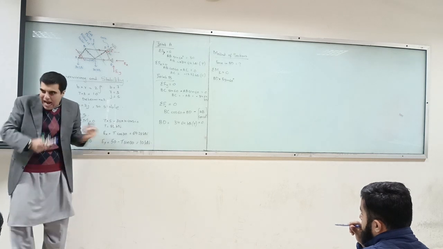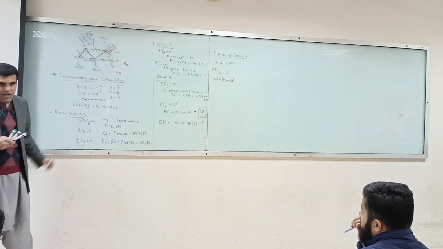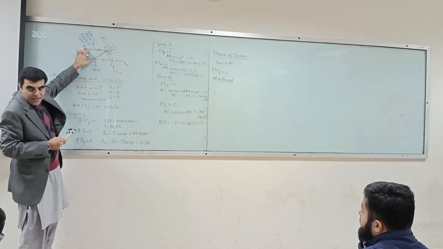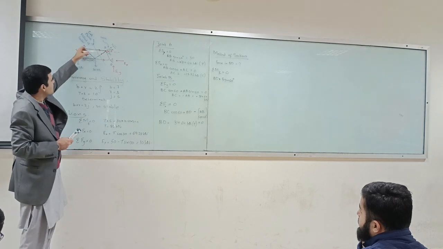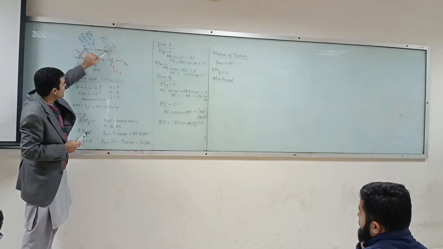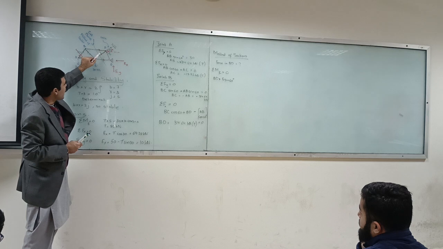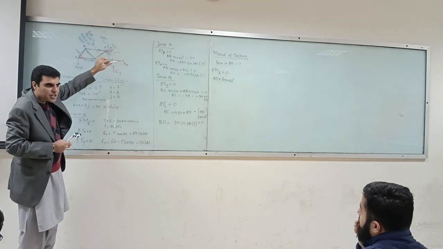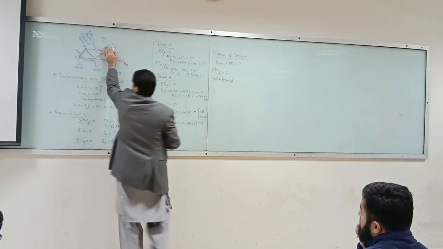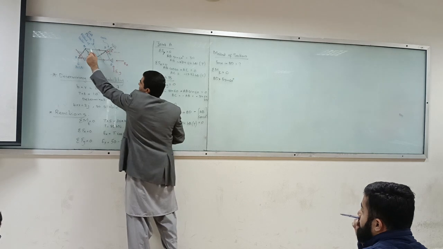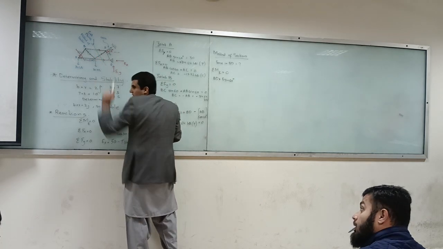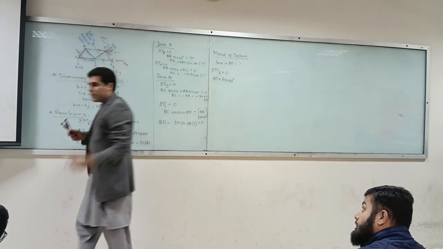So that's how I solve it. Do you understand my point? Since I'm taking the left side as a free body, these arrows are away from the cut section. If I was taking this side, then I would have taken my arrows in this direction. That's what I normally do.